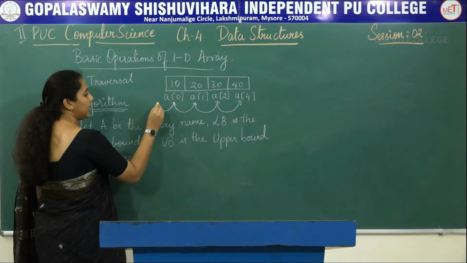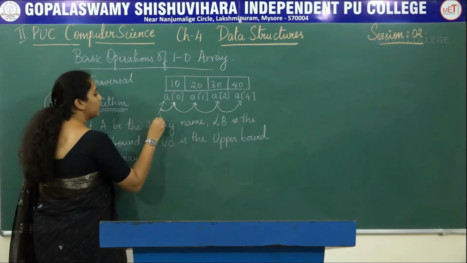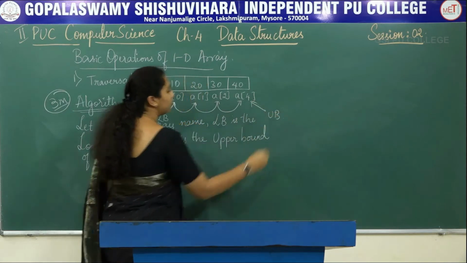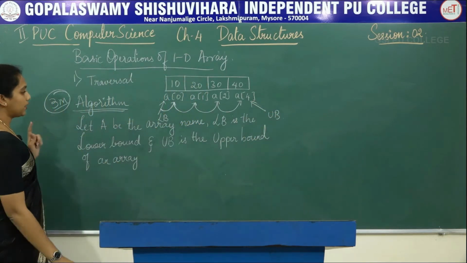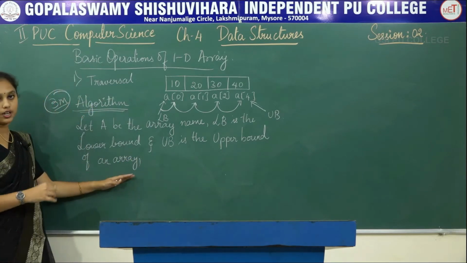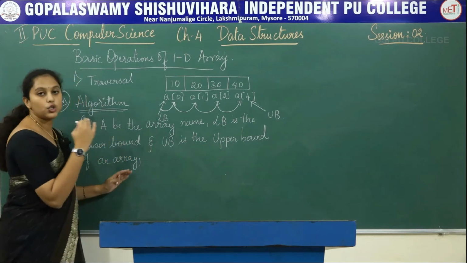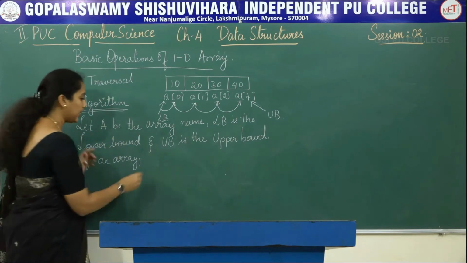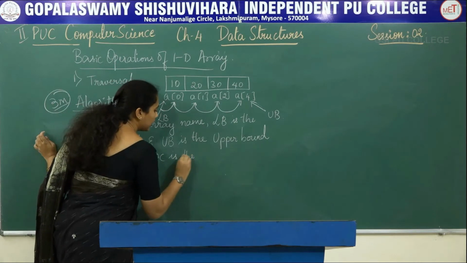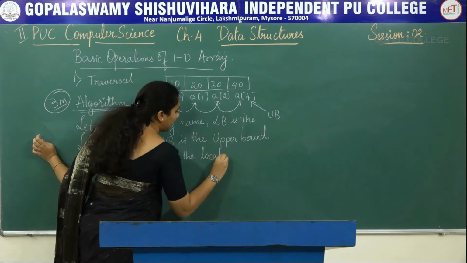A is the array name, this is the lower bound and this is the upper bound. And we require location, because we are visiting each location of an element exactly once. So LOC is the location of an element.